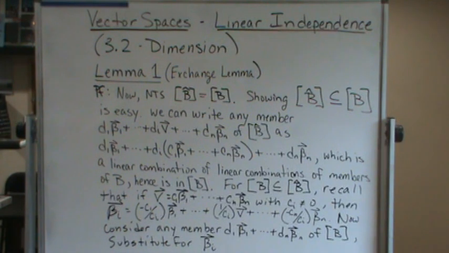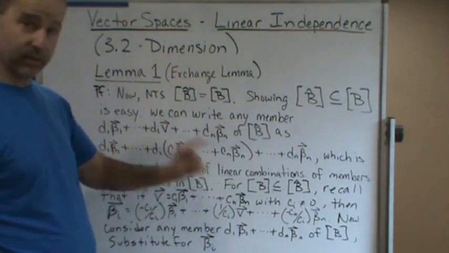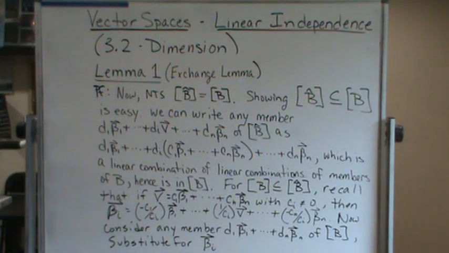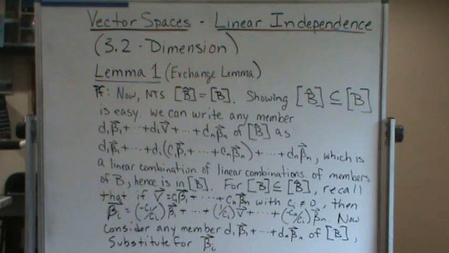So when we recognize that, then that tells us, by the way, it's a linear combination of linear combinations of all the members of B hat. Okay? And hence it's in the span of B hat. And we're done. And that finishes that half of the proof.